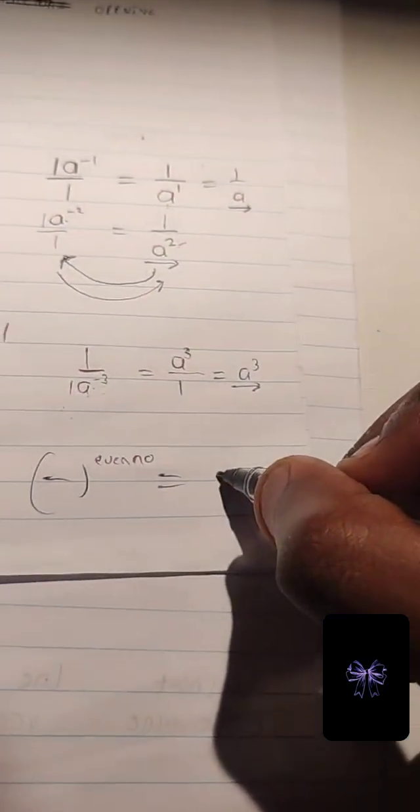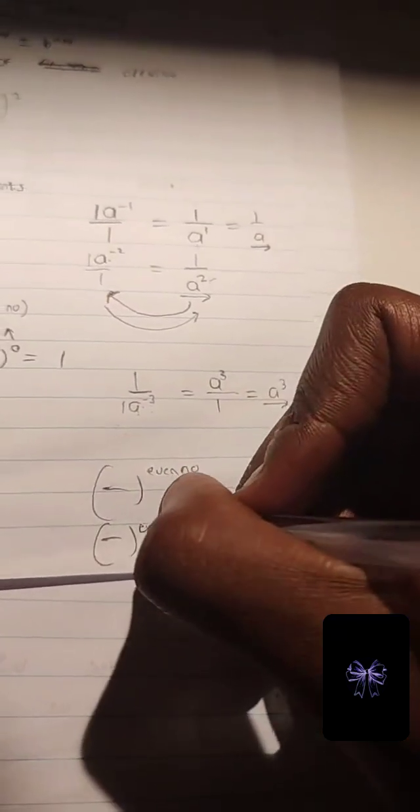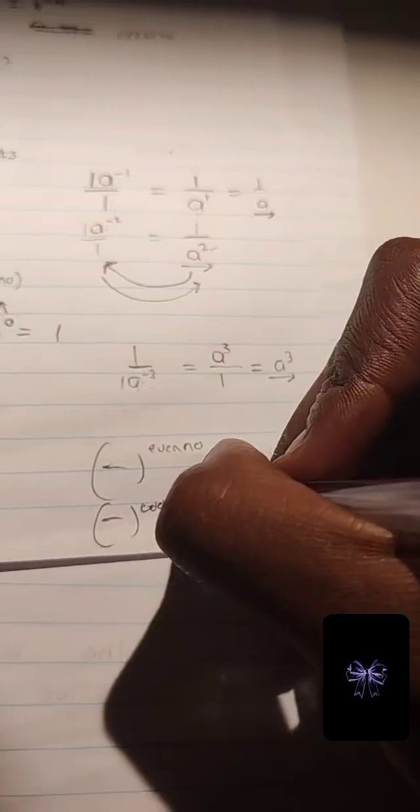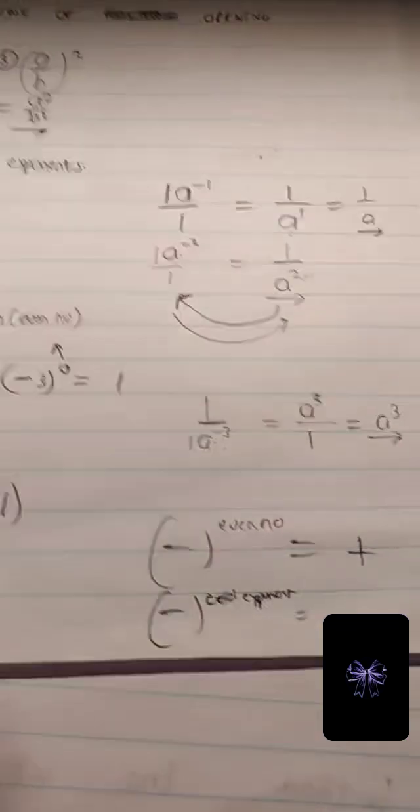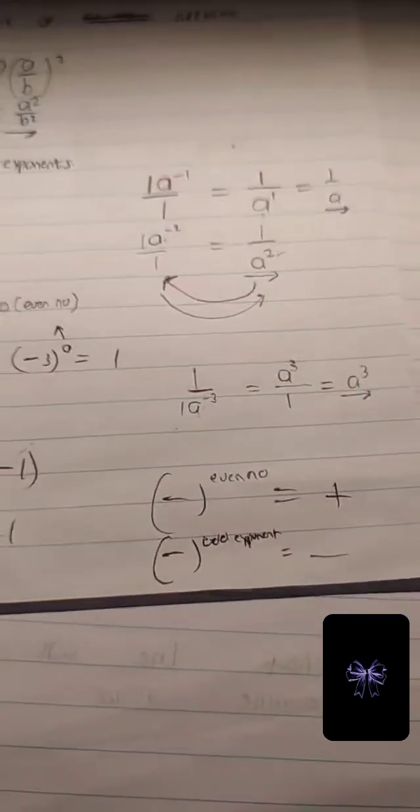A positive or negative? Positive. Exactly. And any negative number raised to an odd exponent will give you a what? A negative. Thank you.